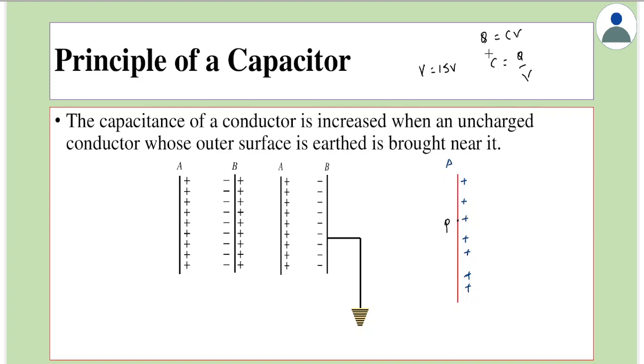So from this expression, the only way we can do it is to decrease V, because if V decreases, then mathematically C should increase. That's the principle here. And we can't decrease V randomly.